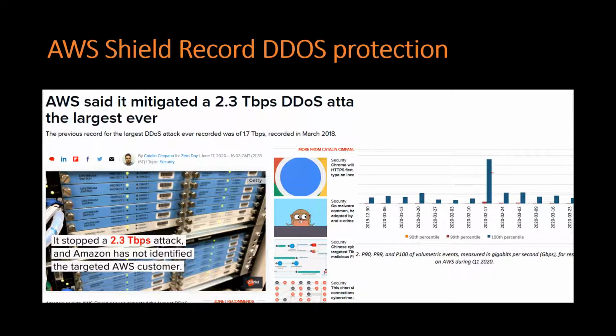Now, unlike the traditional DDoS protection vendors, which use scrubbing farms to send the traffic to a remote data center scrubbing farm, and then send the clean traffic back to origin, this does not require any such mechanism. The advantage is, even during the attack, there is no increase in the latency for the end users.